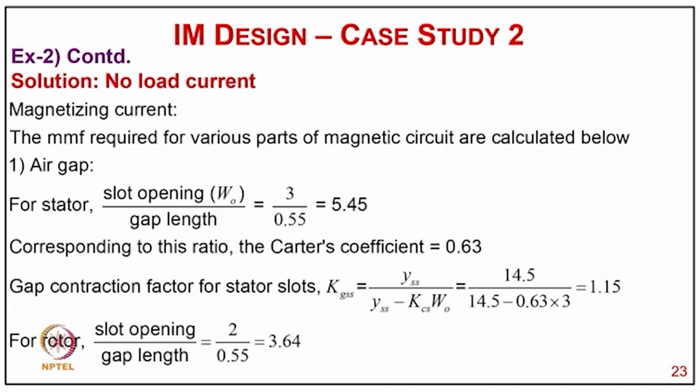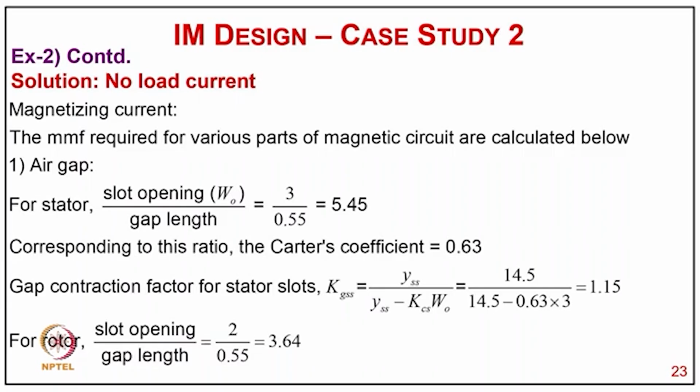First, taking the air gap. For stator slot opening, W0 upon the gap length equals 3 upon 0.55, that's 5.45, and corresponding to this ratio the Carter coefficient comes 0.63. So gap contraction factor for stator slot is KGSS equal to YSS upon YSS minus KCS into W0, so it comes 1.15.